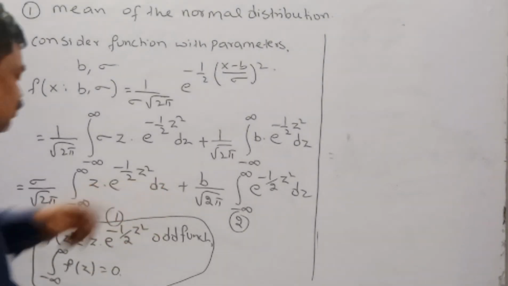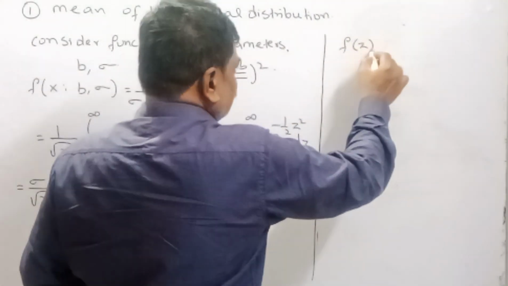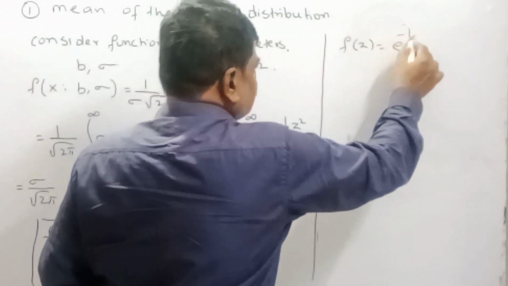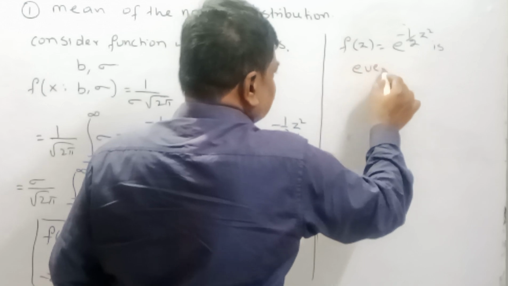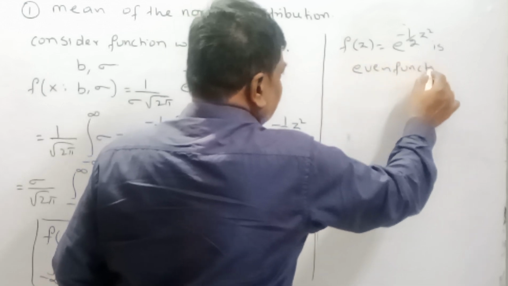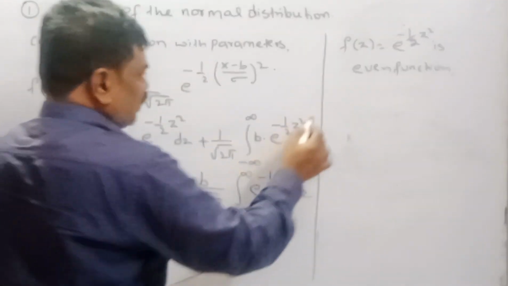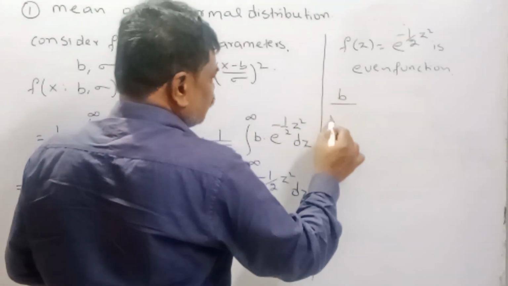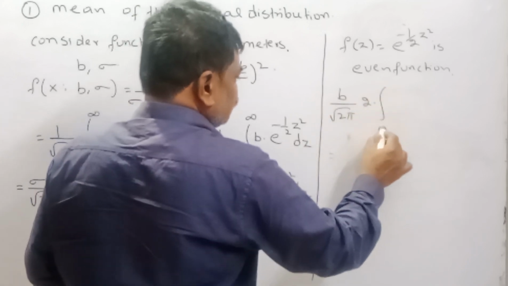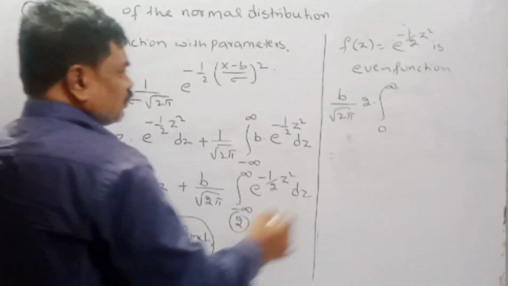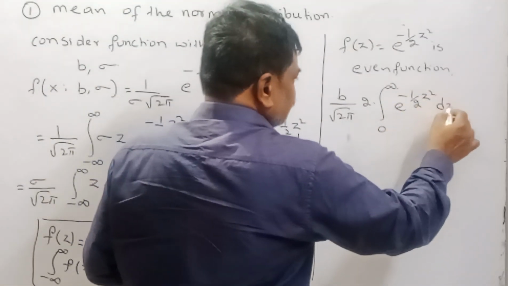Then you take the second one. The second one, f of z is equal to e power minus 1 by 2 z square, is an even function. So this can be written as b by root 2 pi, 2 into integral 0 to infinity e power minus 1 by 2 z square dz.